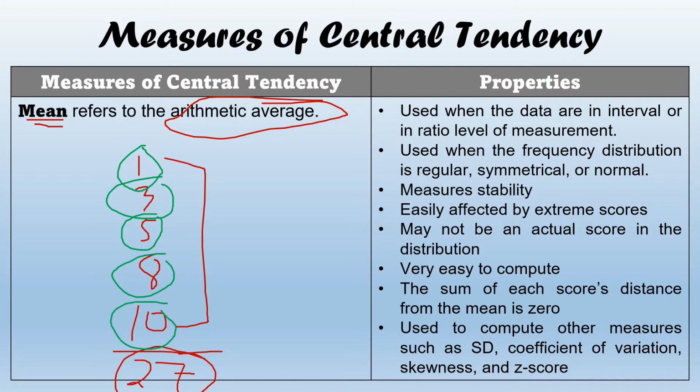Meaning to say, ang gagawin lang natin siguro, I have here 27, okay, so divided by 5. Nakakamiss ito. Nakakamiss naman ng ganitong format, no? Tama ba? So that's 27 divided by 5.